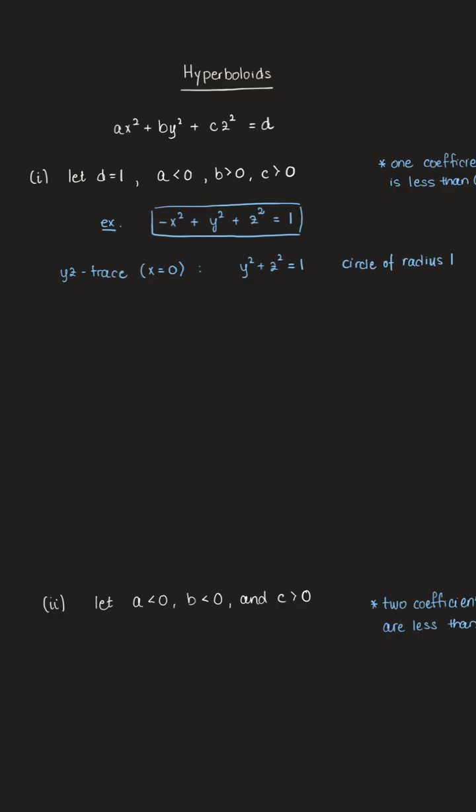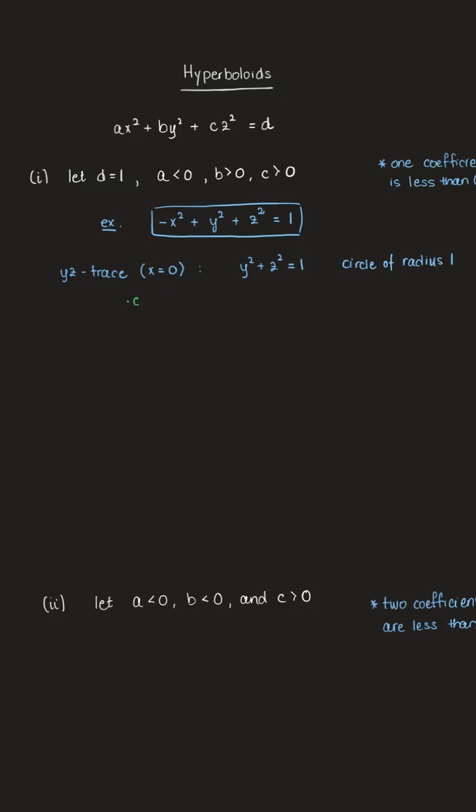Now, I'm going to do things a little bit differently than I have before. We're going to use additional traces, but they're going to be parallel to the YZ plane. So let's try those, and then hopefully you'll see why those are good traces to consider.